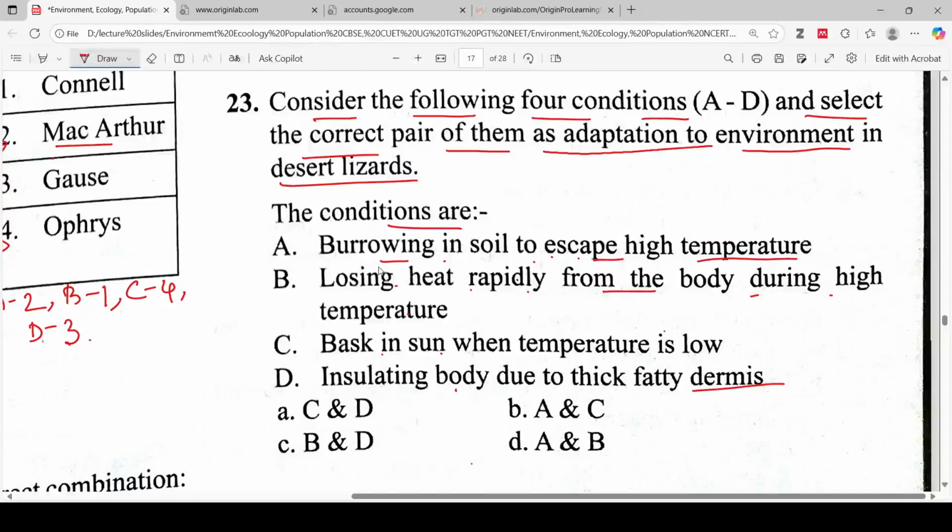So the correct answer is option A and option C. So next question.